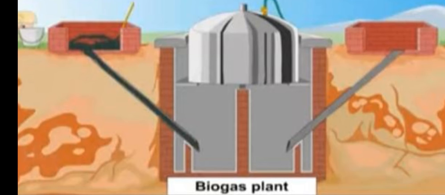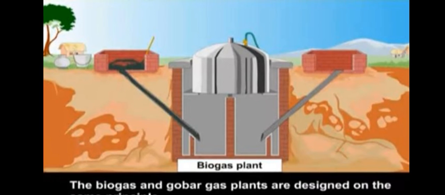When those microorganisms act on organic waste, you can see there are two different outlets. The gas released after the decomposition is collected, and the remaining solid waste material is left behind in the container itself, which can be used as manure, which will increase the fertility of the soil without harming the environment.